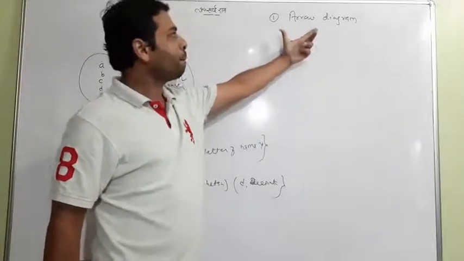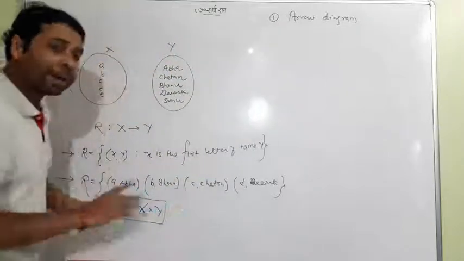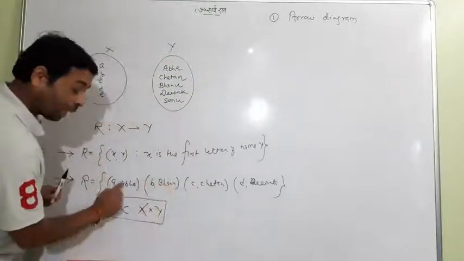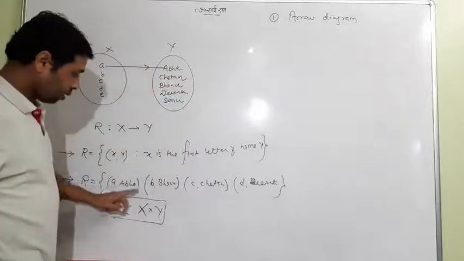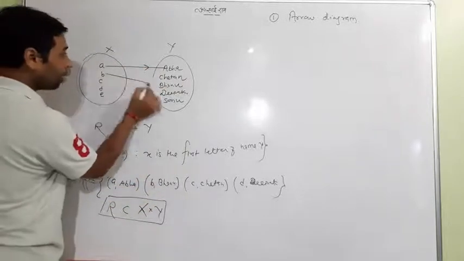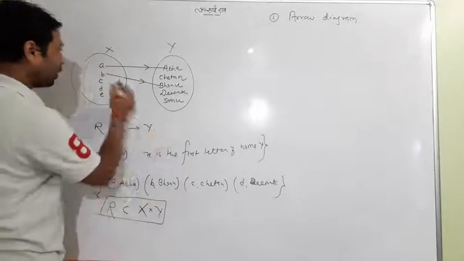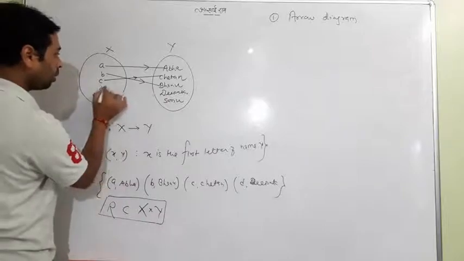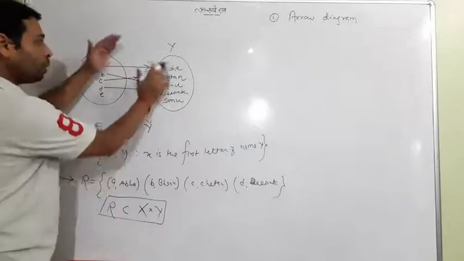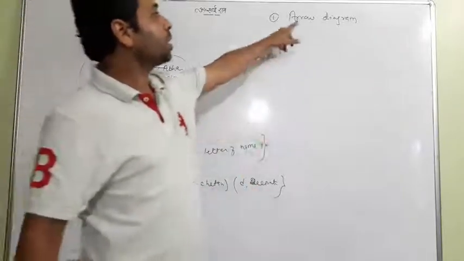So what is it? Very simple. In an arrow diagram you just have to match A with Abha, A with Abha like that, B with Bhanu like that, C with Chetan like that, and D with Deepak opposite. So this picture is nothing else but an arrow diagram.